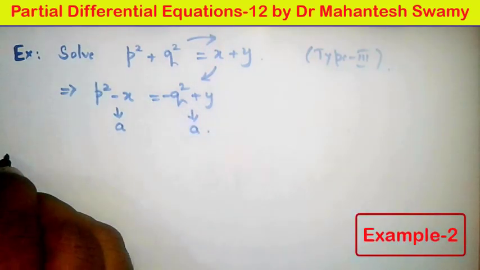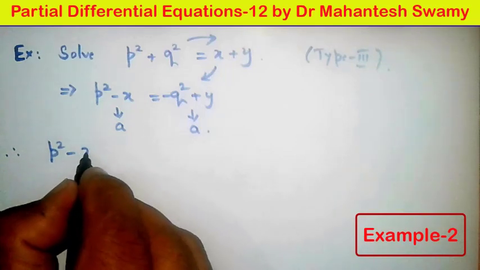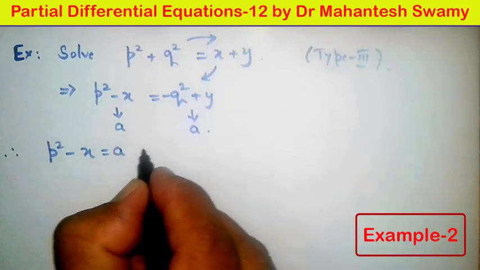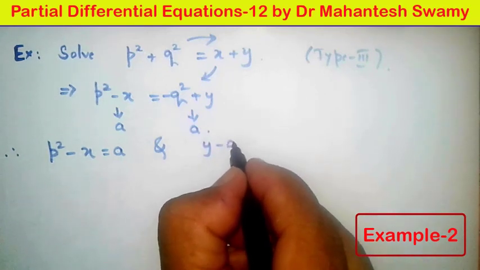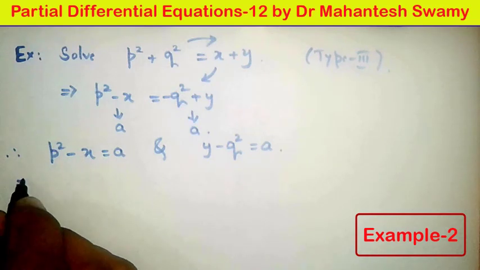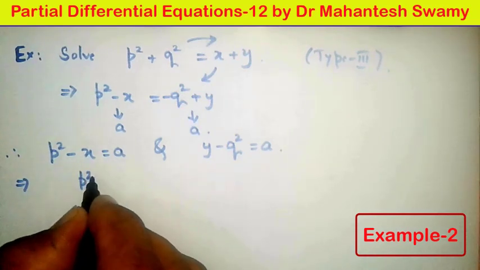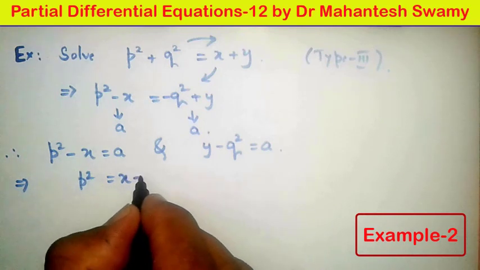So therefore, when we equate each side to the same arbitrary constant a, from the first expression it is p square equal to minus x plus a, so x plus a on the other side.